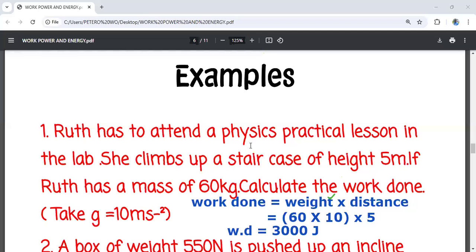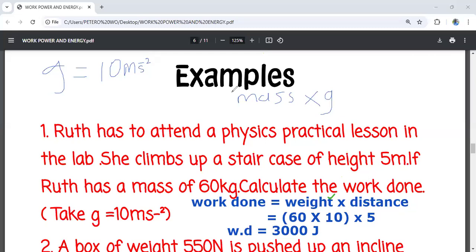Now, for this work done against gravity, we are going to be using the weight of that body that is moving. Weight is determined from the mass of a body multiplied by the acceleration due to gravity, and acceleration due to gravity is a constant. It is given to us always as 10 meters per second squared.